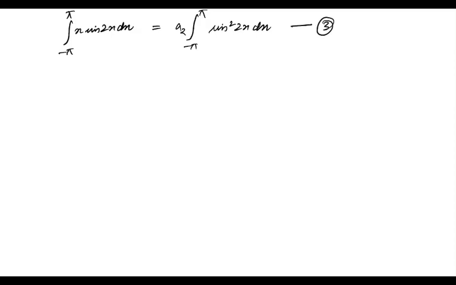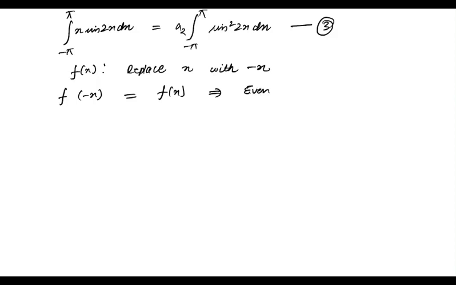First of all, we can use the property of even functions. As you know, if we have a function f(x), and if we replace x with minus x such that f of minus x is equal to f of x, then all those functions are called even functions, and all those functions where f of minus x is equal to minus f(x) are called odd functions.